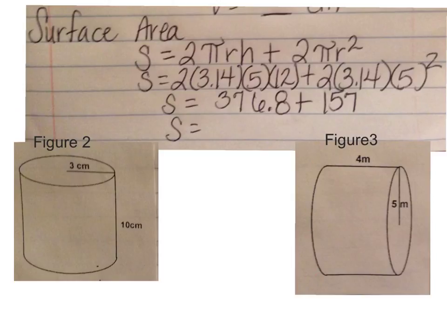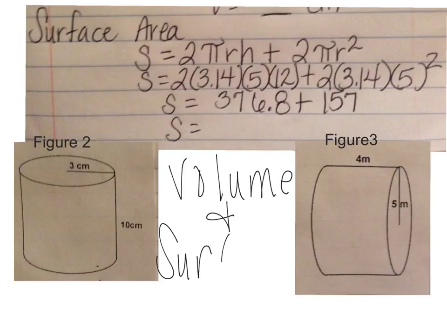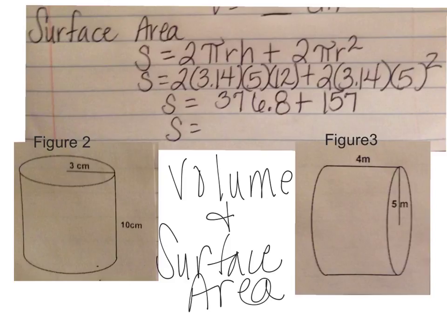Make sure to label the bases, shade them in, and then find the volume and surface area of each one. Once you have done that, raise your hand and Miss Ricky or I will come around and check it.